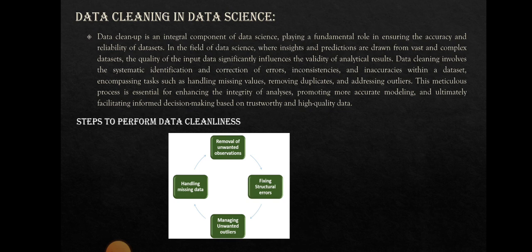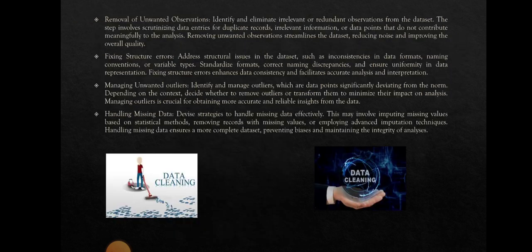Steps to perform data cleaning: removal of unwanted observations, fixing structural errors, managing unwanted outliers, and handling missing data. This is the total overall cycle, which is connected to each other. Removal of unwanted observations: identify and eliminate irrelevant or redundant observations from the dataset.